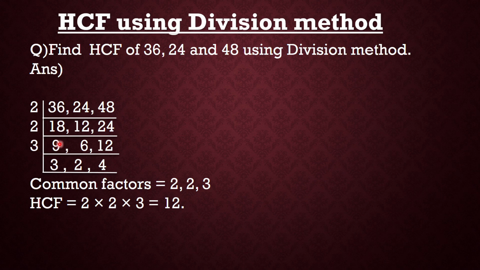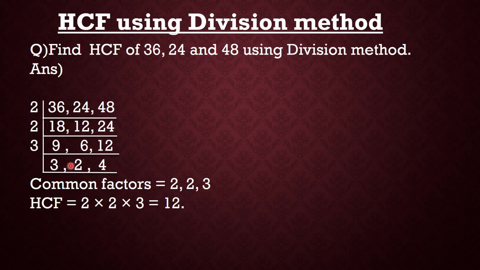Yes, 3 3s are 9, 3 2s are 6, 3 4s are 12. All these 3 numbers are divisible by 3, so I can take 3. Okay, and these numbers we cannot divide by a single number, so we have to stop.